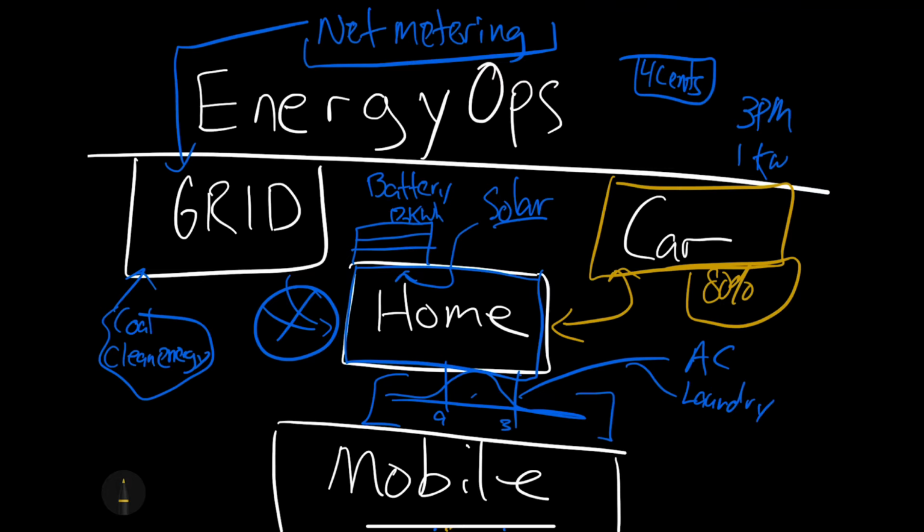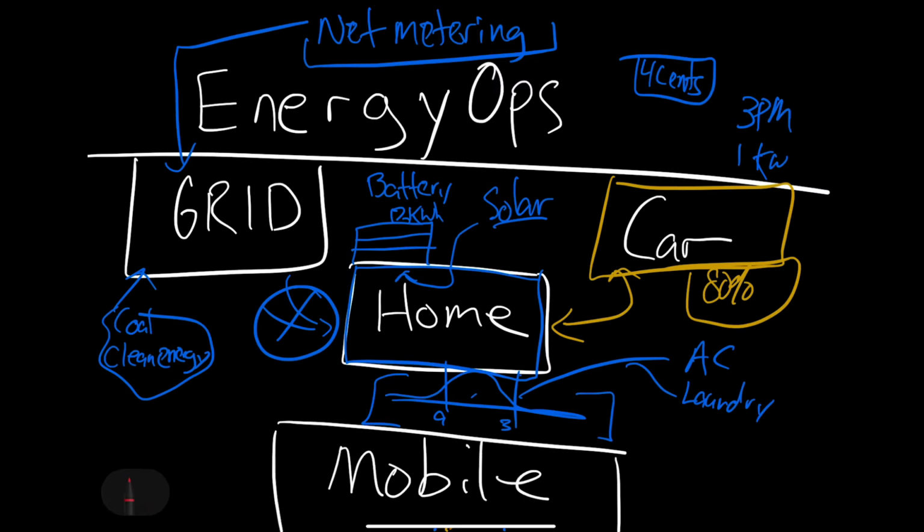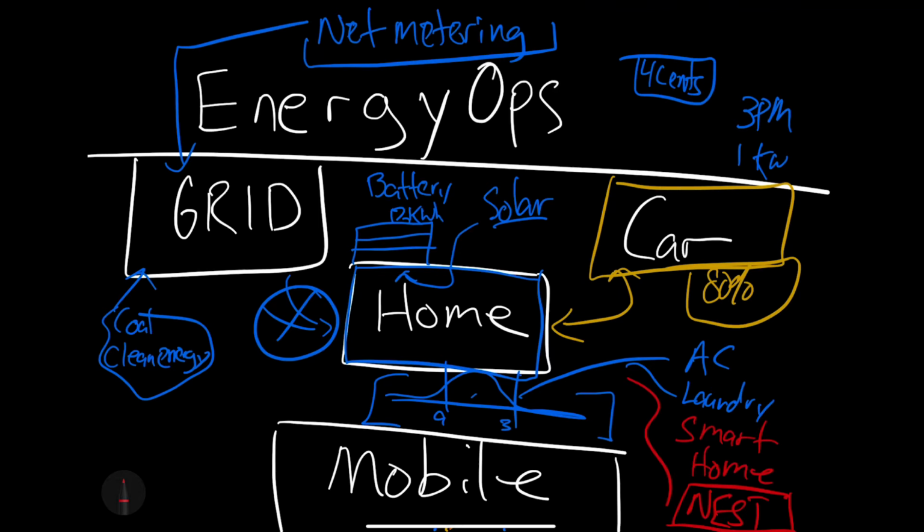Now, where does mobile come in? One of the ways that mobile technology comes in is that you can develop something called a smart home. With a smart home, you can install thermostats like the Nest thermostat, for example. This Nest thermostat can predict, based on the normal usage in your house, when electricity should be used more or less.